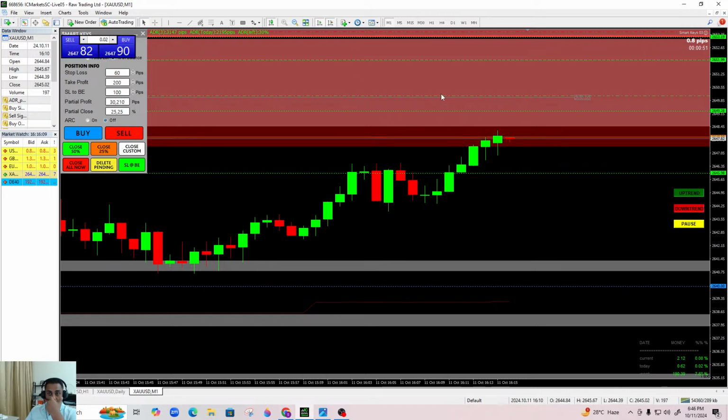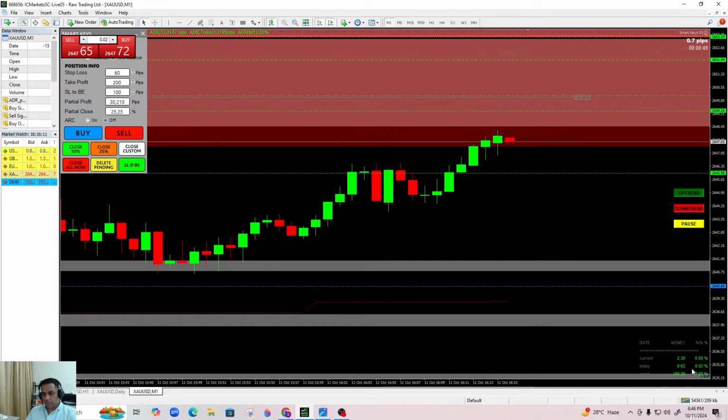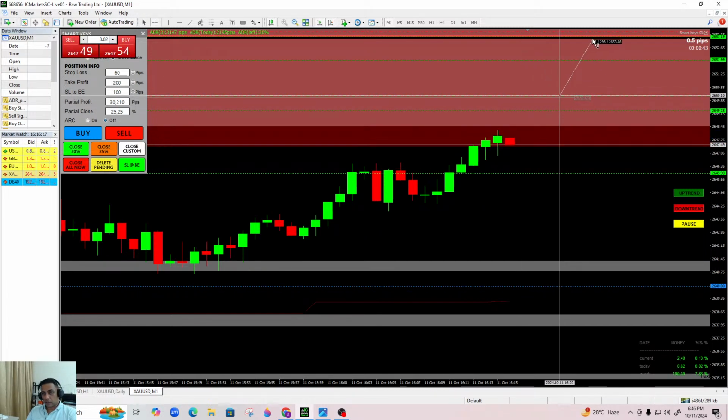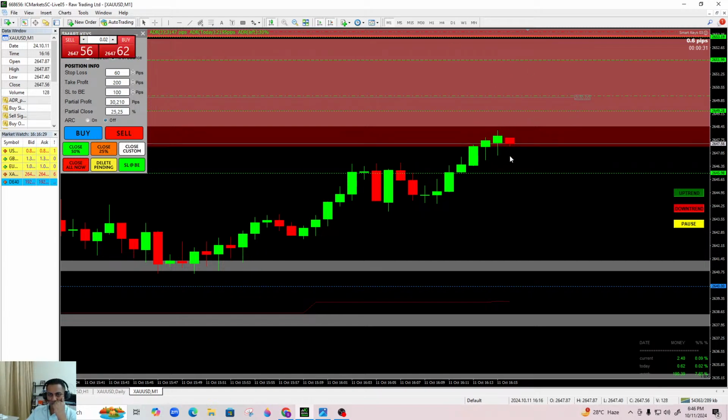So, and I'm at break even right now for the day. And if this goes and hits my stop loss, I'll lose maybe like 20, 25, 29 pips, which is fine. It's just probably about a 0.05% loss, which is absolutely fine.